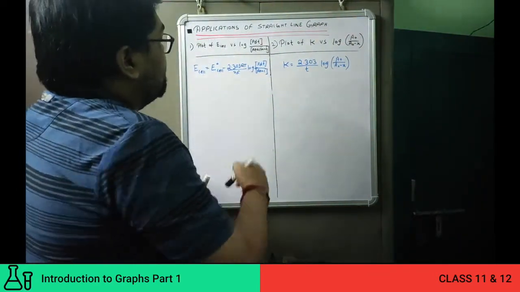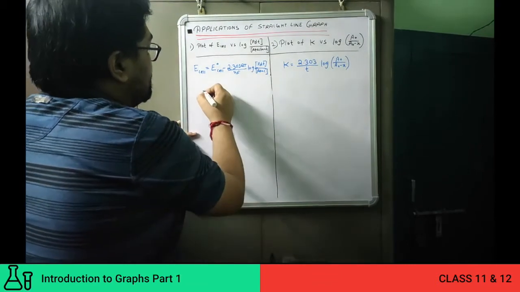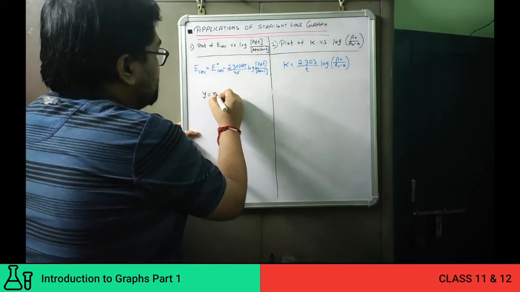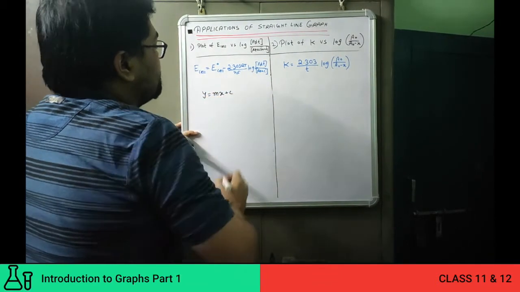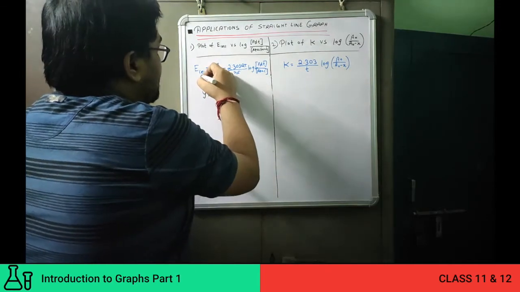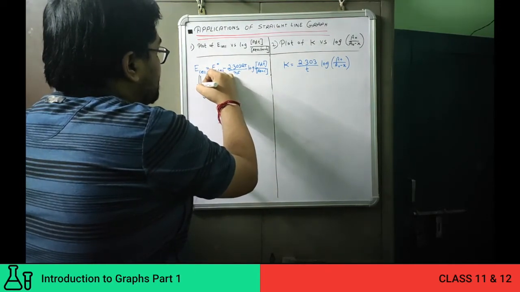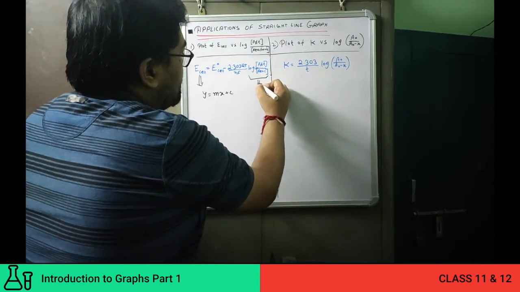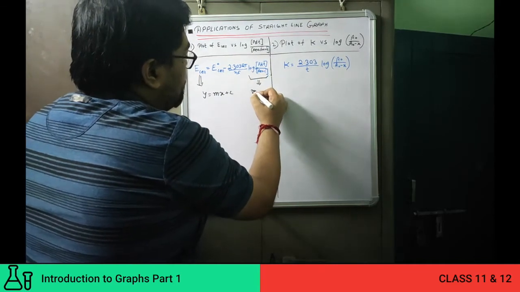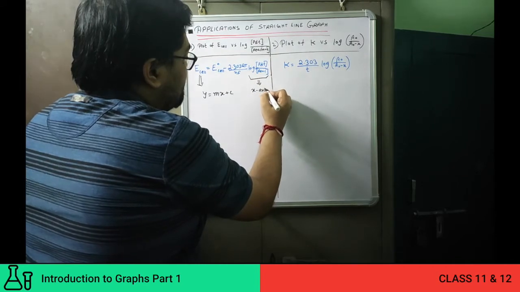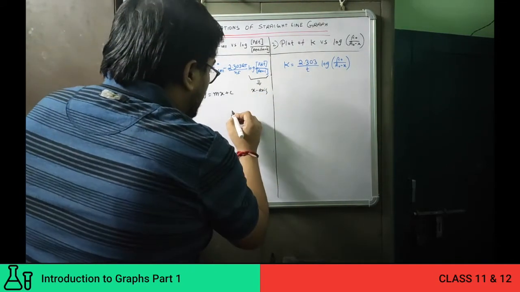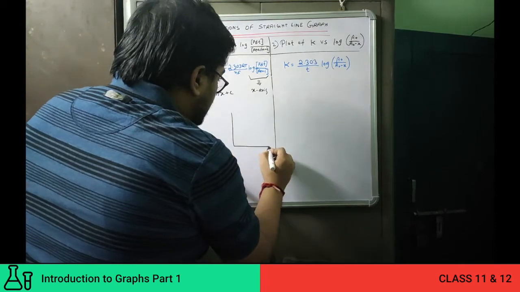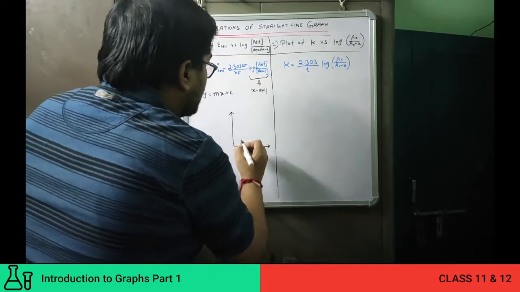Now, if I compare this equation with the standard straight line equation, that is y equals to mx plus c, we will see that the y-axis is represented by this E cell term, and we consider this log value as the x-axis term. Now we are plotting it.